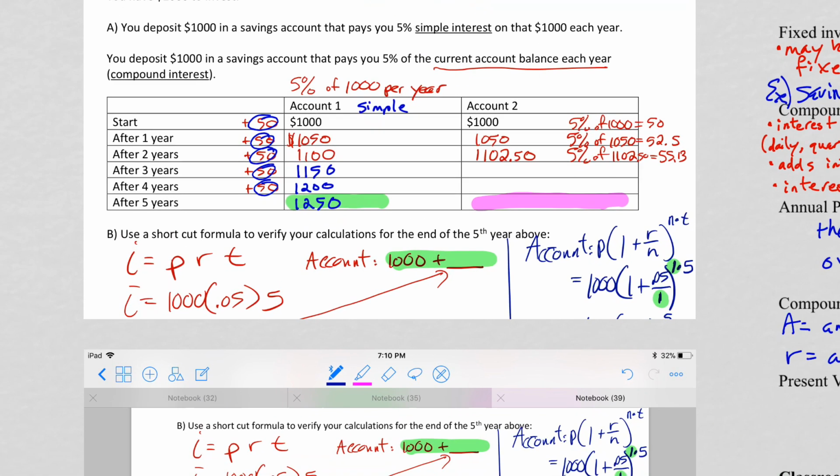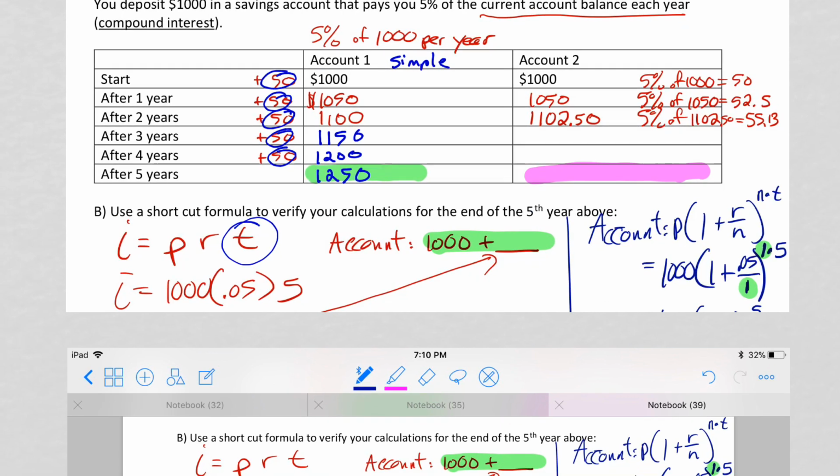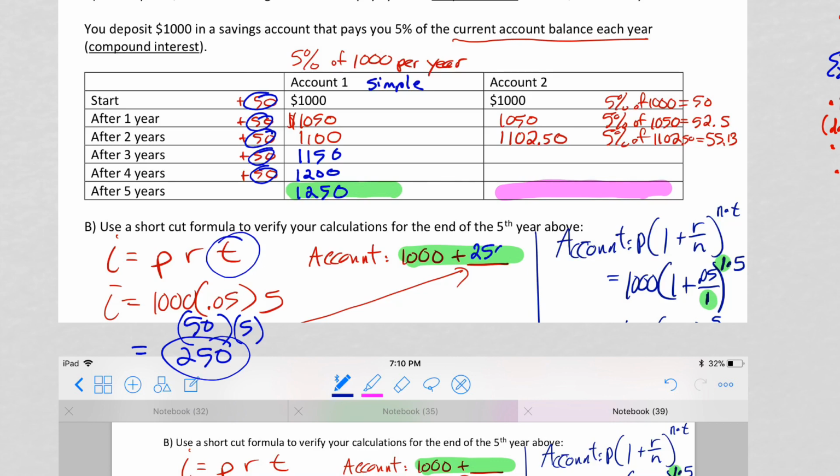Okay, and then I asked you guys to find the shortcut formula. Instead of adding 50 plus 50 plus 50 plus 50, we can just multiply by the time. So this $1,000 times 5%, there's your 50, and then your 50 times 5 is 250. So the account is going to grow by 250, which means I need to put 250 plus what I invested in the beginning of the 5 years, and of course that's going to equal 1250.